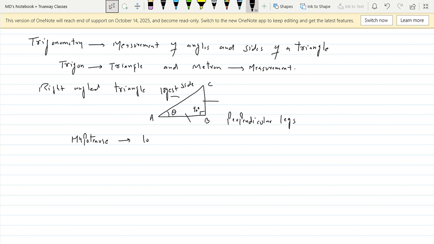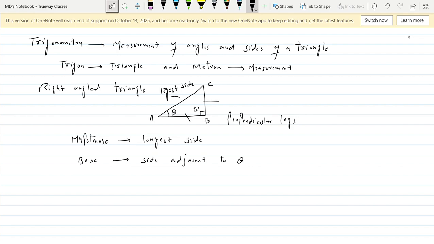The side adjacent to this fixed acute angle we call the base.